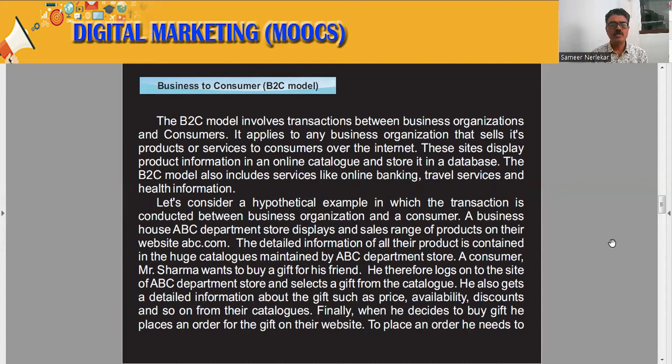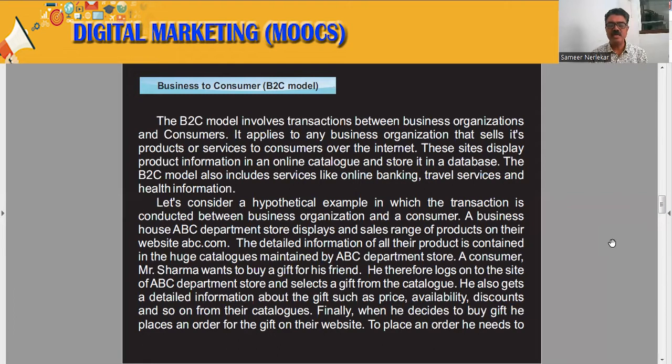A consumer, Mr. Sharma, wants to buy a gift for his friend. He therefore logs on to the site of ABC department store and selects a gift from a catalog. He also gets detailed information about the gift such as price, availability, discounts, and so on from their catalogs.